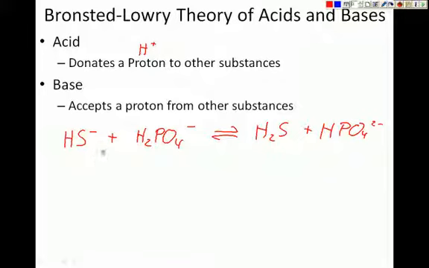So HS minus right here goes from HS minus and becomes H2S. So in order for HS minus to become H2S, it had to gain a proton. It had to gain a hydrogen. Okay? So it gained an H+, and that's why it lost its negative charge, and it also gained one more H. So since it gained a proton, this is a base.